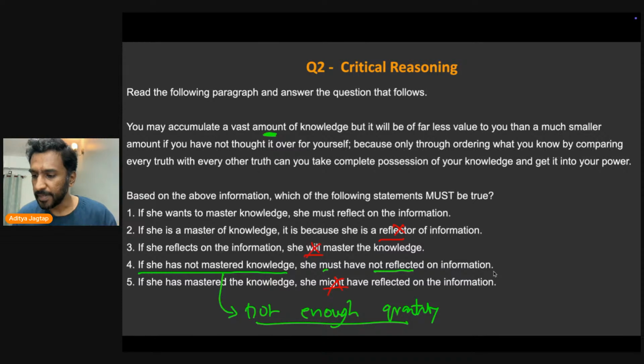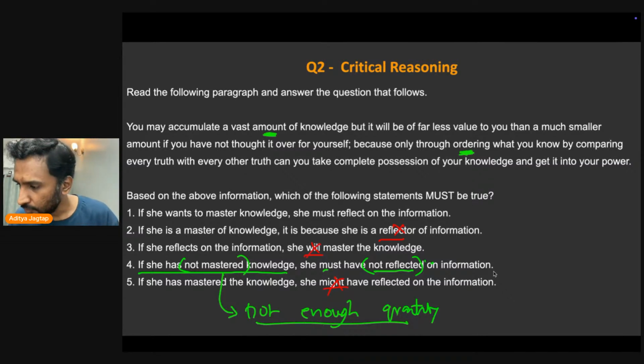Or it must be that if she has not mastered knowledge, she has reflected on it, but maybe she could not order knowledge, or she couldn't get through the chaos of knowledge. It was too challenging for her, whatever subject she's studying. So we don't know the reason for not mastering. In short, the reasons for not mastering knowledge could be multiple. We don't know if this is the only specific reason for not mastering knowledge.